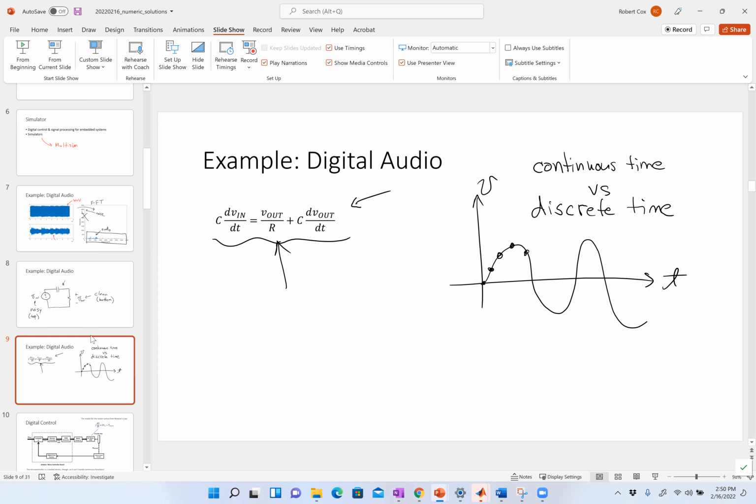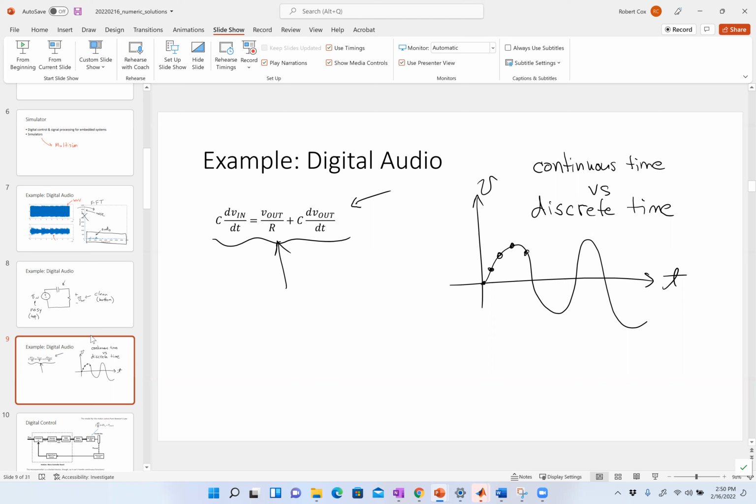So rather than time being continuous, time becomes stepped. So we're going to figure out how to do that. The operation that I'm doing here is taking a continuous waveform and sampling it. I'm going to use that term a lot. I'm sampling it, picking values off of it, at a regular rate.